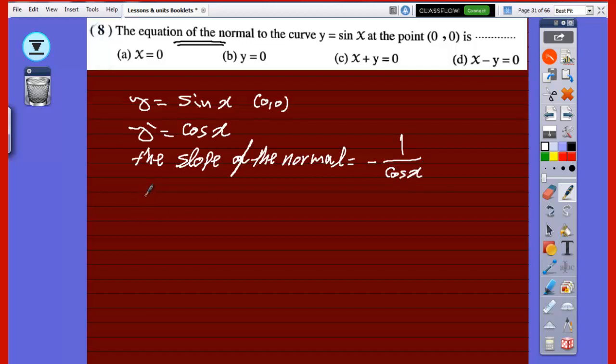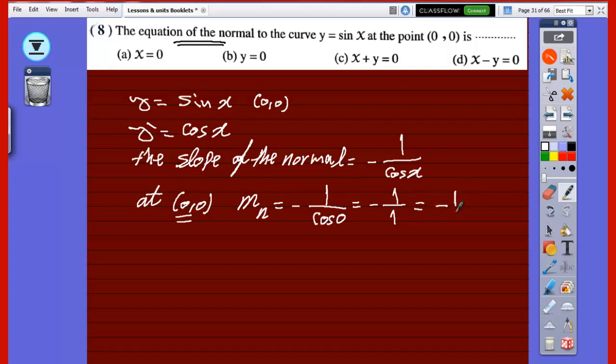Now at the point (0, 0), the slope of the normal, let us denote it by the symbol mn, equals negative 1 over cosine 0. Here, as the x coordinate equals 0, it is negative 1 over cosine 0, so the result equals negative 1.